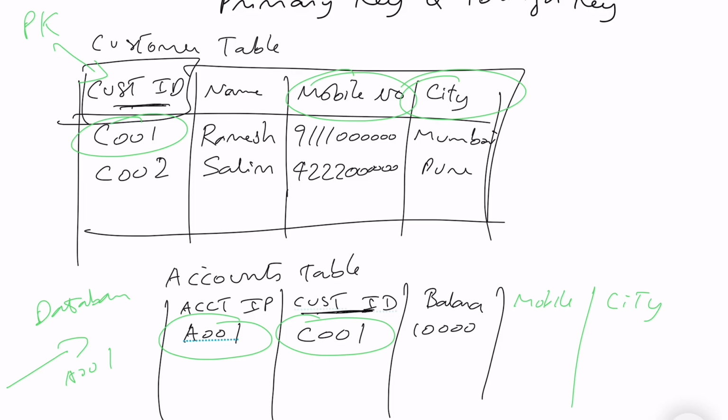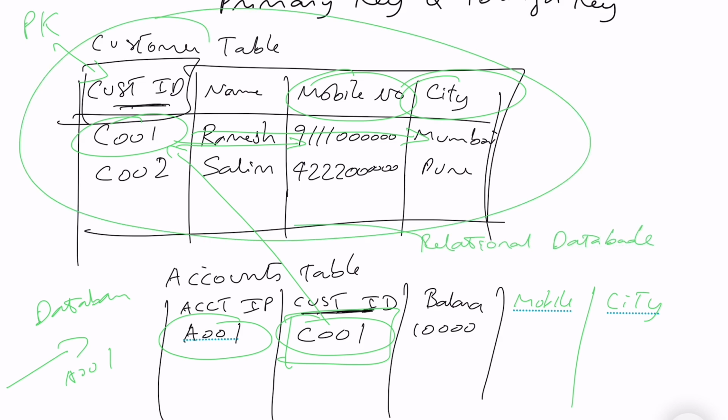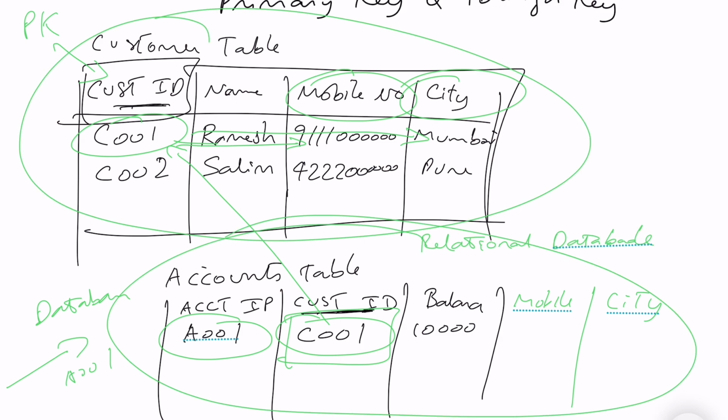I can actually reference using this customer ID over here, okay, and then using the customer ID I can get the details such as mobile number and city from this table. This concept is called a relational database, okay, and the process of splitting these two tables is called normalization. I'll explain why it is called normalization.